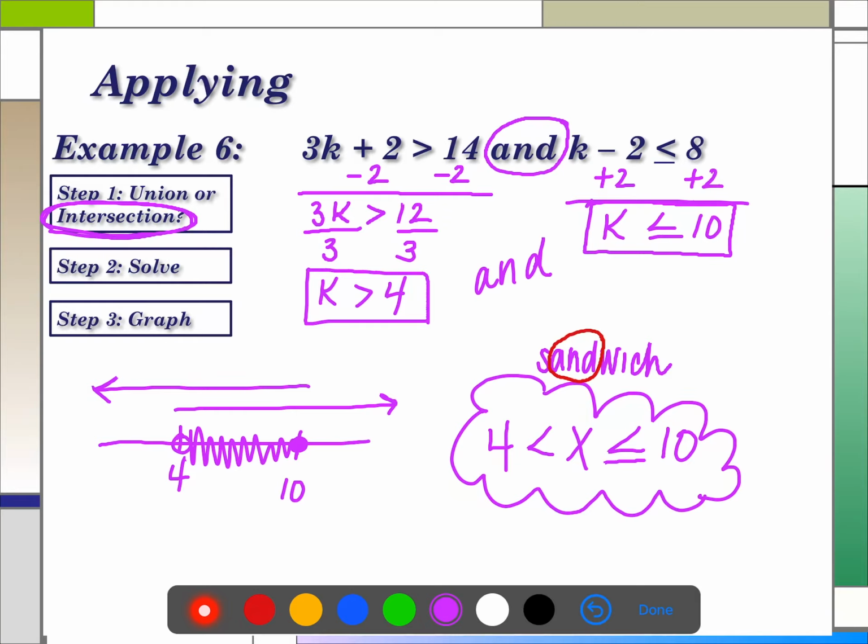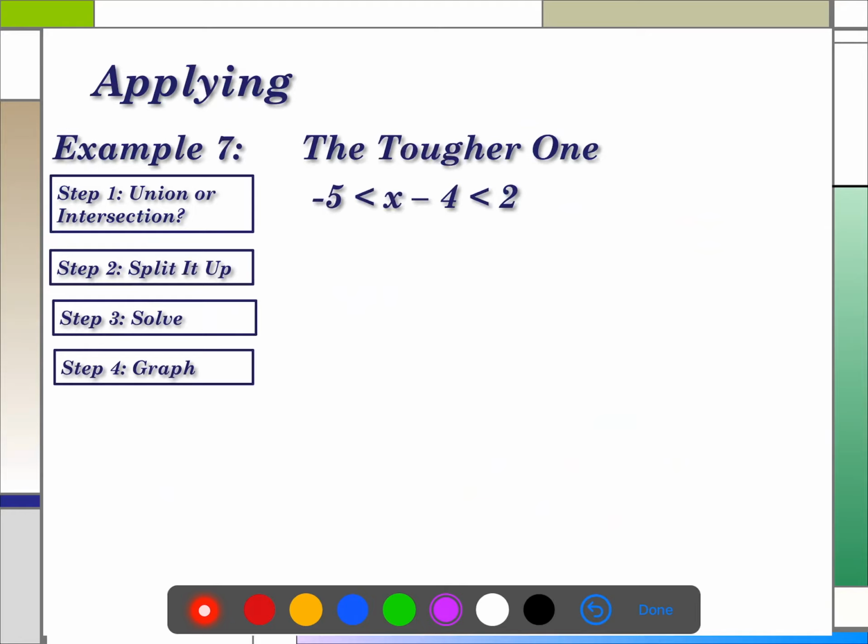Okay, you could write your answer like this. It's not wrong, but the preferred method is that sandwich. All right, let's keep going.